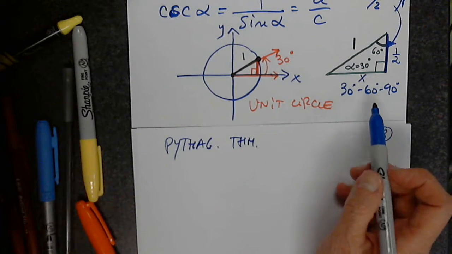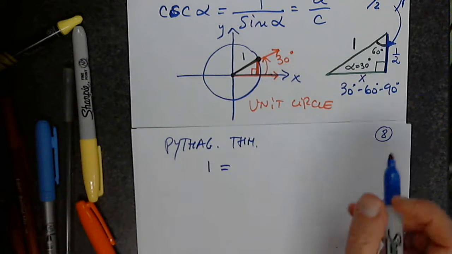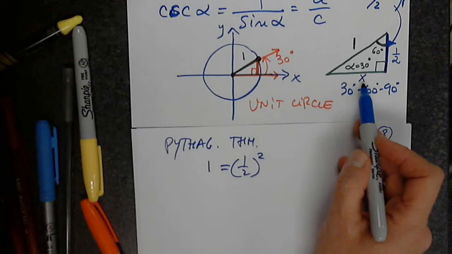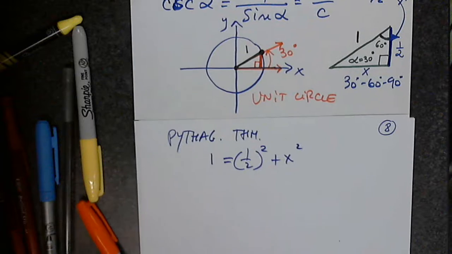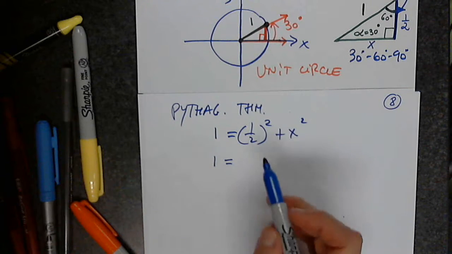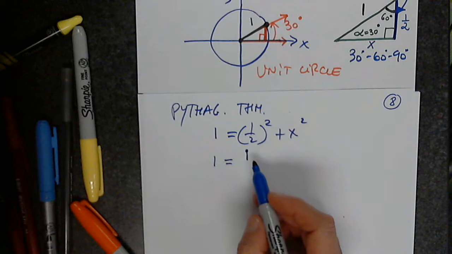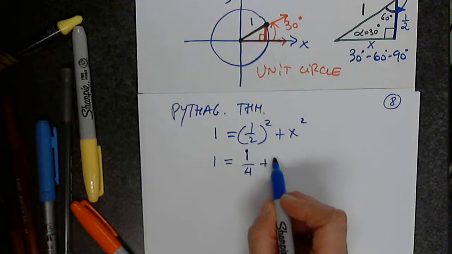Which is 1 squared equals 1/2 squared plus x squared. Very good. I want to find x. So how much is 1/2 squared? 1/4, right? 1/2 times 1/2 is 1/4 plus x squared.